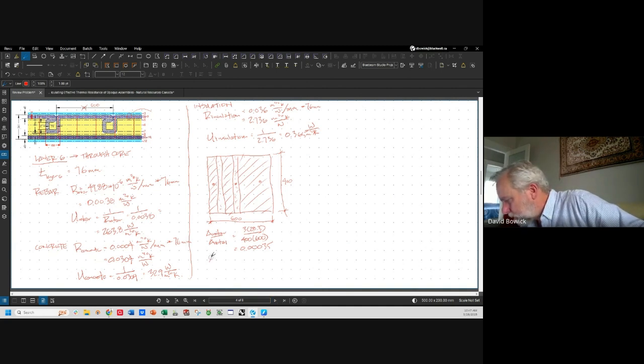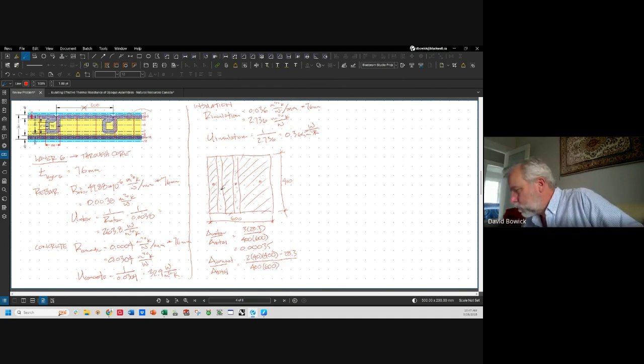A concrete over A total equals 2 times 40 times 400 minus 28.3, all over 400 times 600.